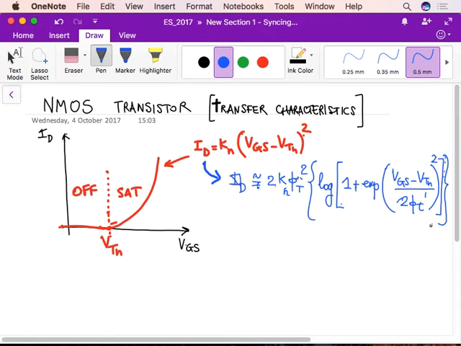Also this is not exactly correct, but it is much closer to the correct one. This is much closer to the initial one, and it is continuous. So this is valid also below threshold.